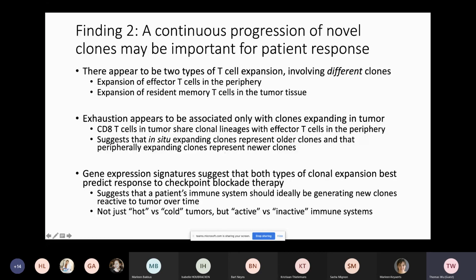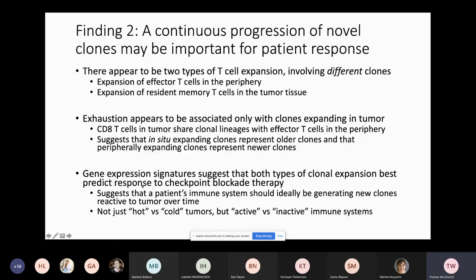And the analysis of the Stanford paper suggests there is a difference in exhaustion, in that the exhausted ones are clones that came from a previous iteration of the patient's immune system, and the peripheral expanding clones represent the new iteration of clones. There is a continual process of infiltration, providing novel clones to the tissue, and these clones eventually become exhausted.